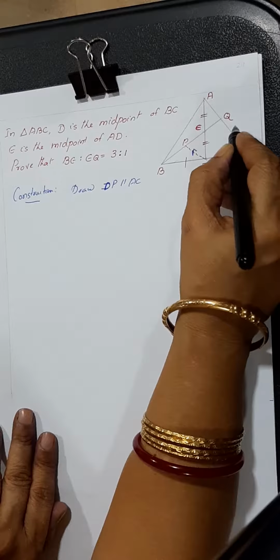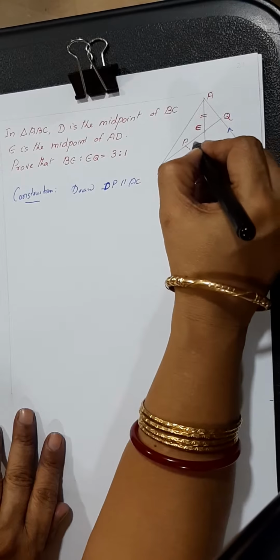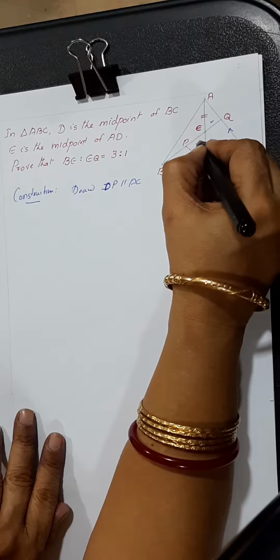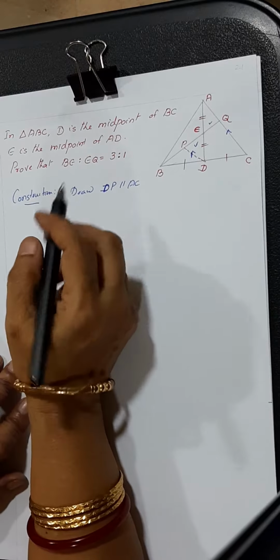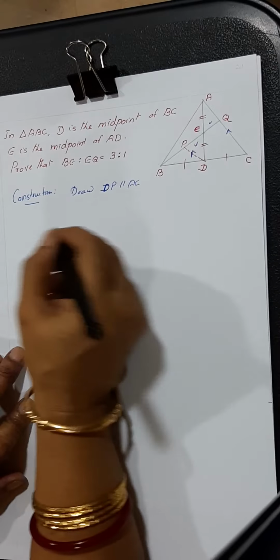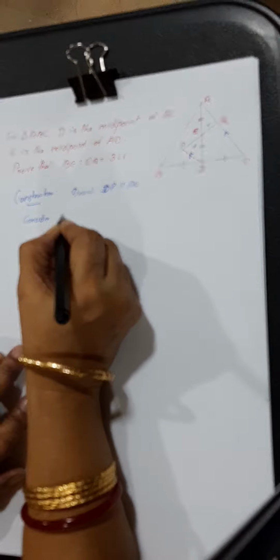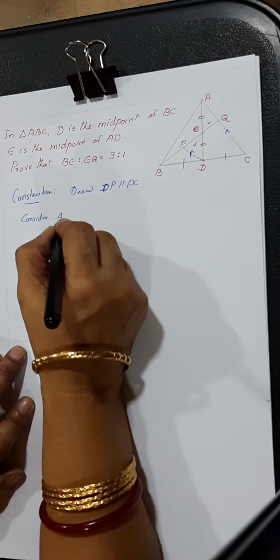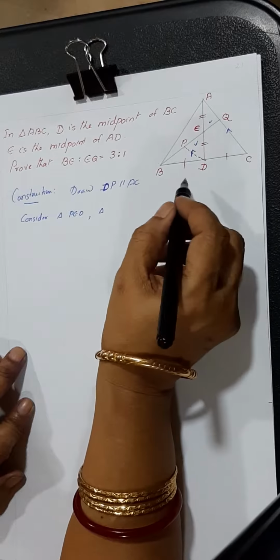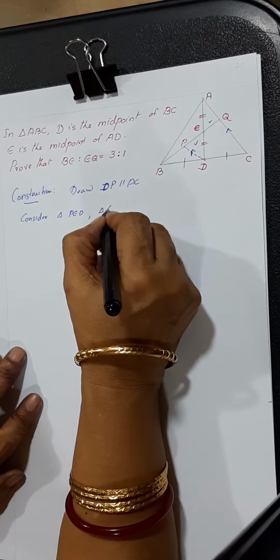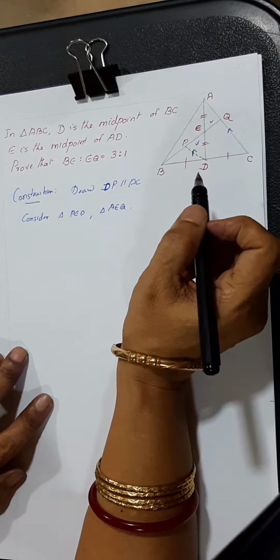So these two are parallel. Now consider these two triangles. Consider triangle PED and triangle AEQ. Now we will prove these two triangles are congruent.